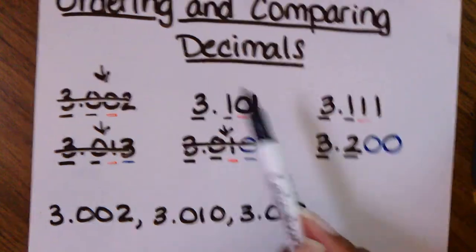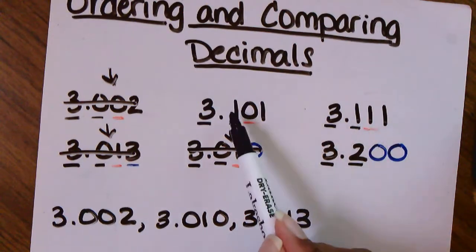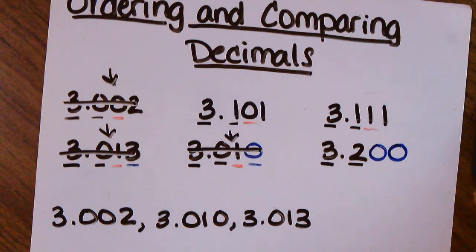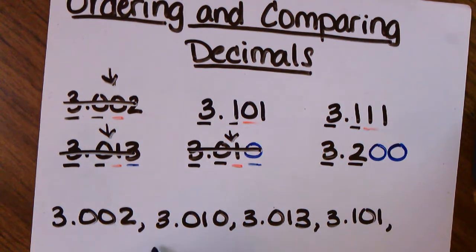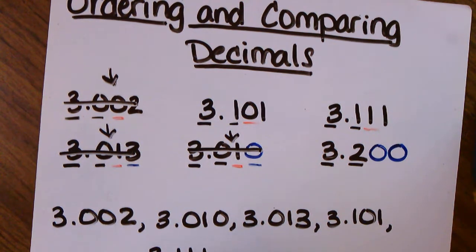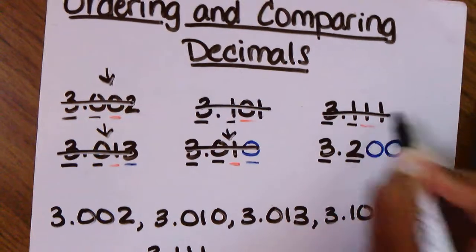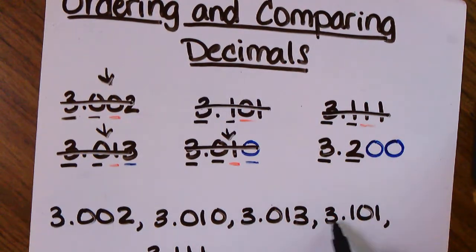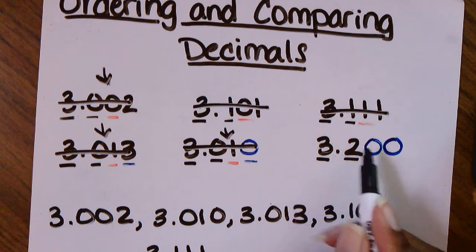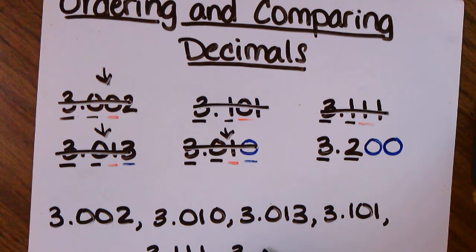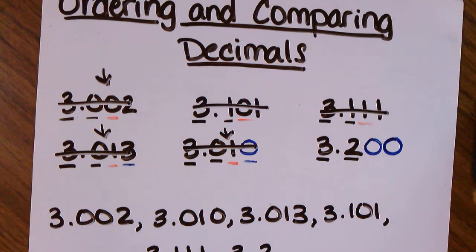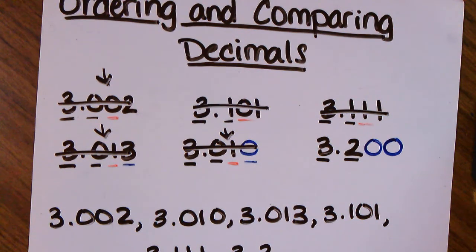We know that 0 is smaller than 1, so this number is smaller than this number. So our next smallest number would be 3.101, and then it would be 3.111. And then our biggest number is going to be the one that has the biggest digit soonest from left to right, so 3.2 would be our biggest number.